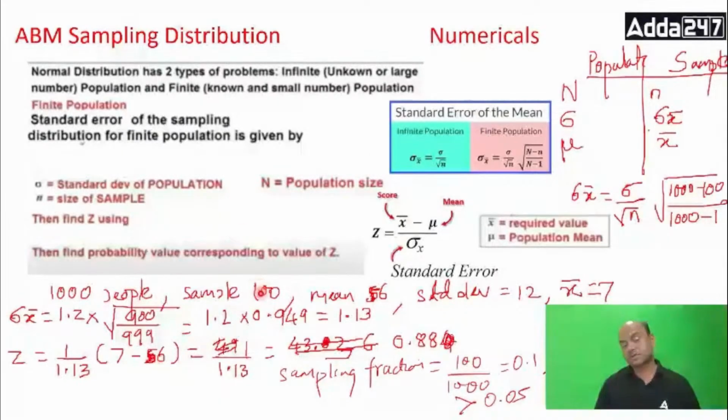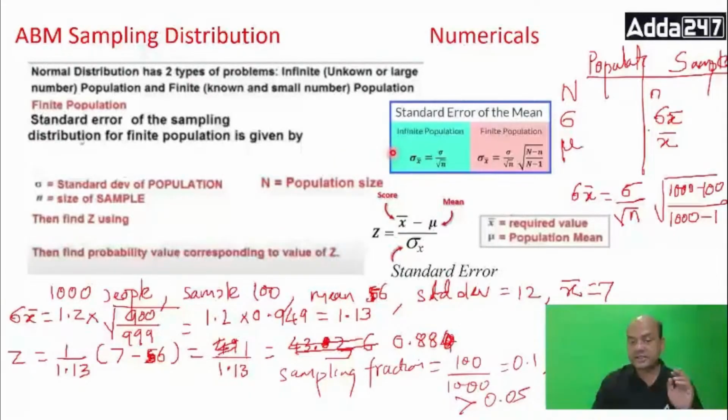Now one question will arise in your mind. Suppose in the exam, they don't give you 1000. They'll give you only 100, and then the sampling fraction is asked. Then it can't be answered. Why? Because for finding the sampling fraction, you require the population as well as the sample.